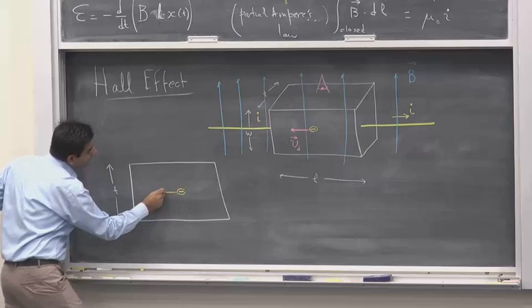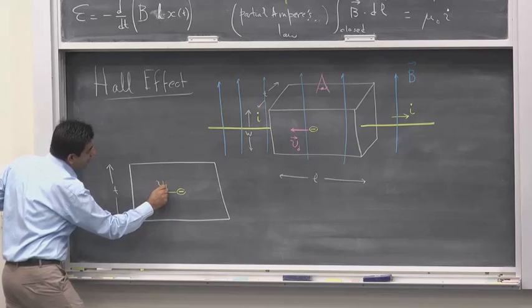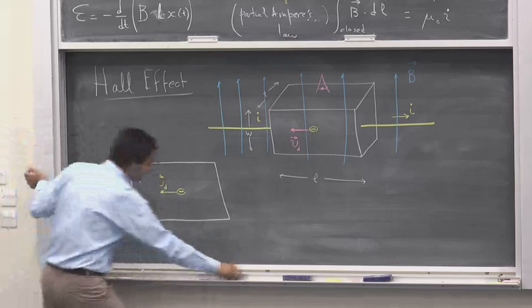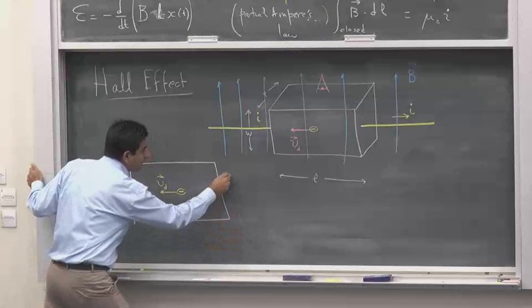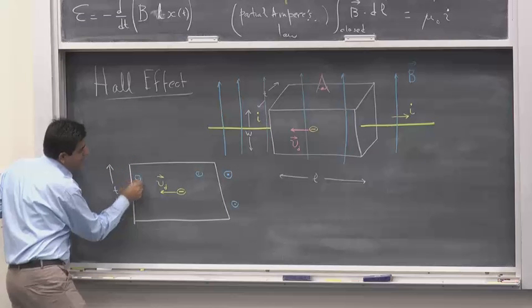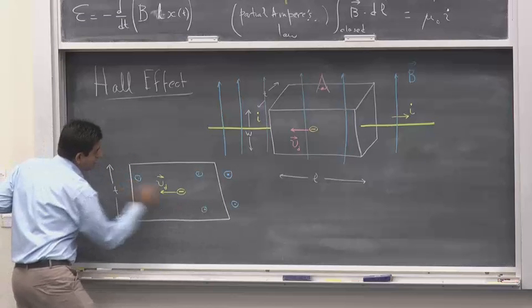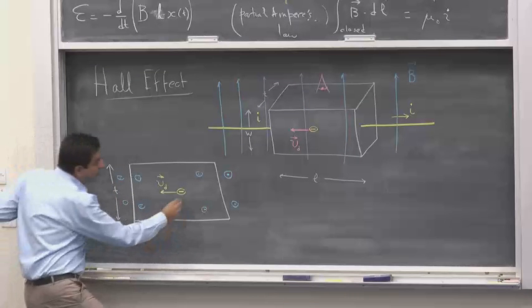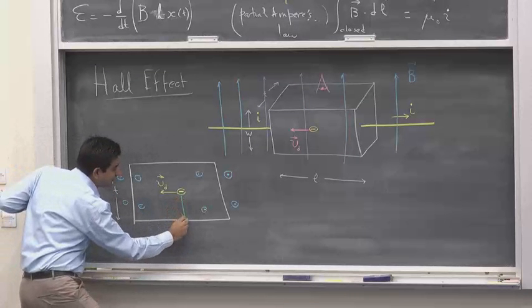This is its drift velocity. The field is coming out of the plane of the blackboard. And as you correctly point out, the magnetic force is downwards.